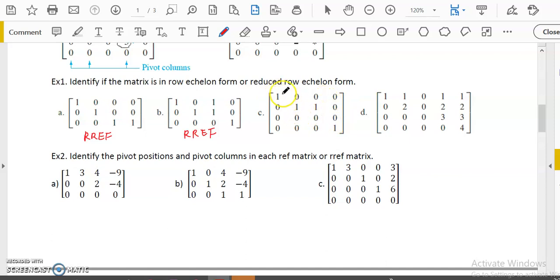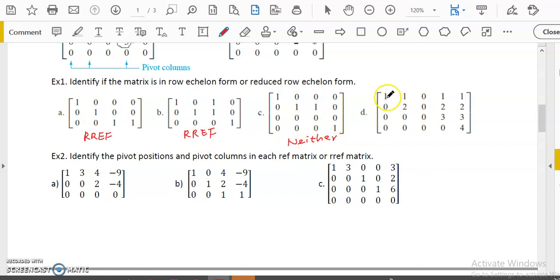This is the prefix position, all 0 below it. This prefix position has 0 above and below it. This is also one, but this 0 entry is not at the bottom, so it is neither. To be a REF or RREF, all the 0s have to be below. If you switch them, this would become an RREF.